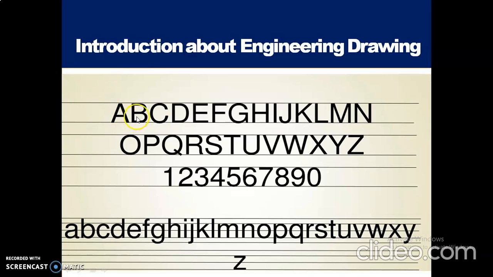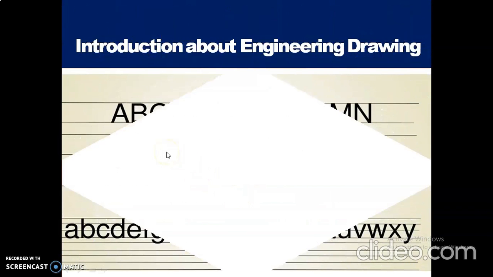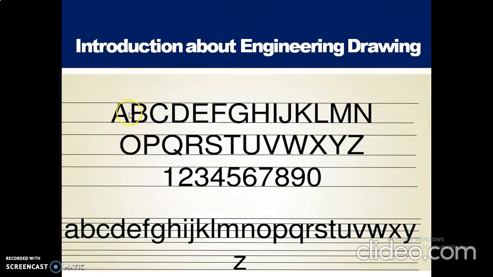Next, the distance between any two characters, such as character A and character B. Spacing between characters is 2 by 10 into H, so the distance between letter A and letter B should be 2 mm, B and C should be 2 mm, C and D should be 2 mm. We should maintain this spacing of 2 mm between two characters.